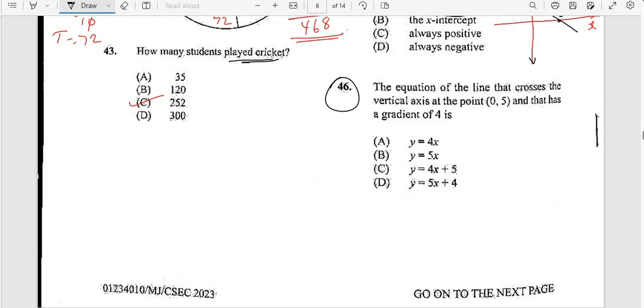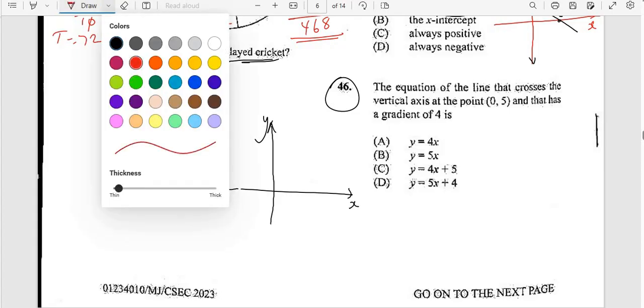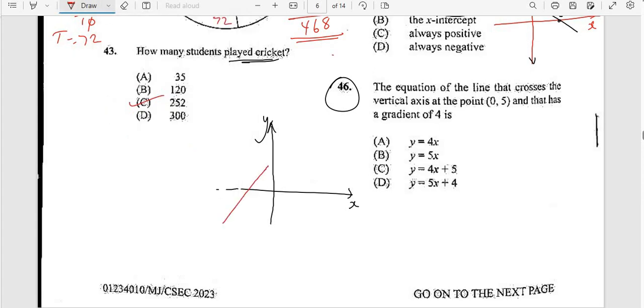Question 46. The equation of a line that crosses the vertical axis at the point 0,5 that has a gradient of 4. I like to just sketch that: the vertical axis, the y-axis, and the horizontal axis, the x-axis. We have a line that crosses the vertical axis at 0, c.